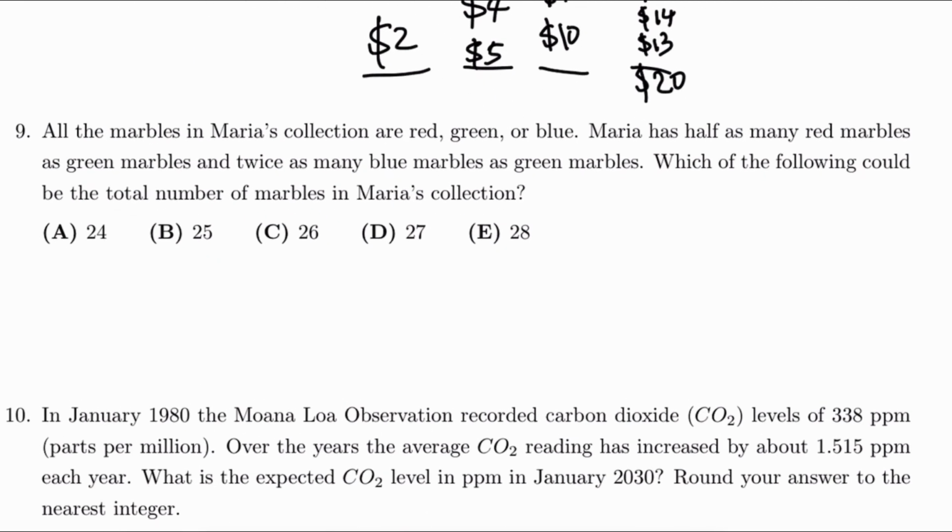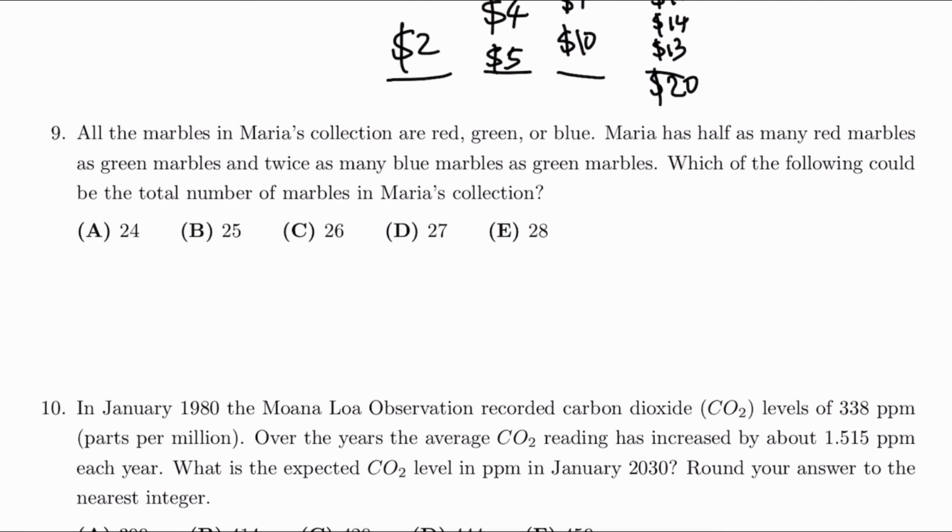Number 9 says, all the marbles in Marius' collection are red, green, and blue. Mary has half as many red marbles as green marbles and twice as many blue marbles as green marbles. So let's say the number of red marbles is x, then the number of green marbles is 2x, and twice as many blue marbles as green marbles, so the number of blue marbles is 4x.